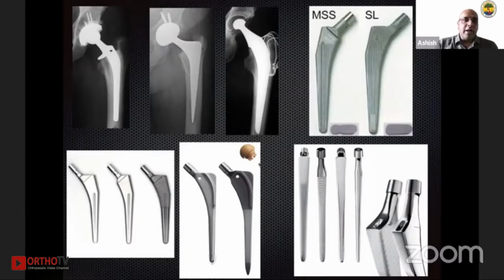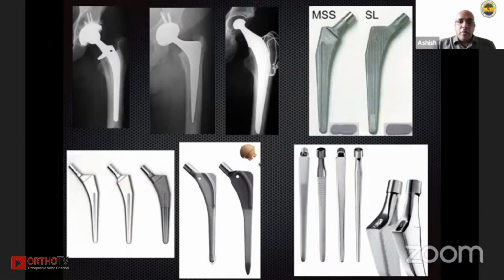These stems, if you start from the left-hand corner, that is the Charnley, which is the collared, flat back. Then comes the Exeter. Then is the Kerboull, which is not available in India, but there are its copies or modifications. Then there is a Muller stem, which certain companies have also taken their design inspiration from and brought to India.